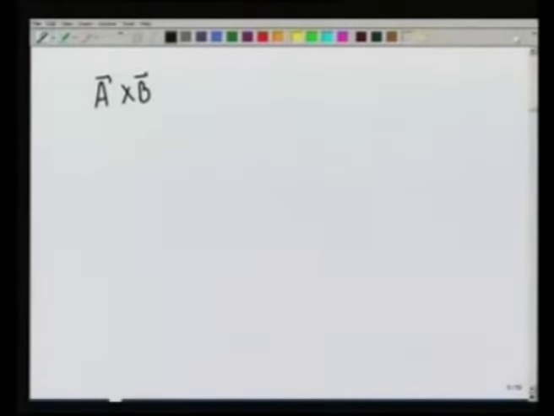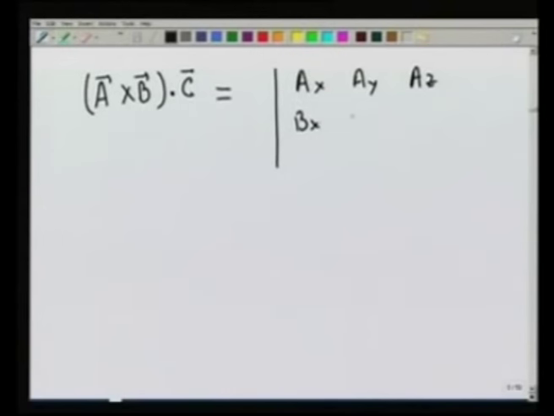Next, we look at A cross B dotted with C. This I leave for you to show that it is the determinant with rows AX, AY, AZ, BX, BY, BZ and CX, CY and CZ.